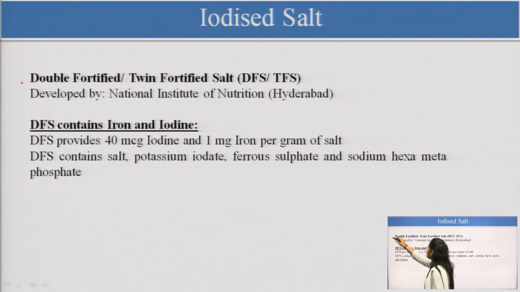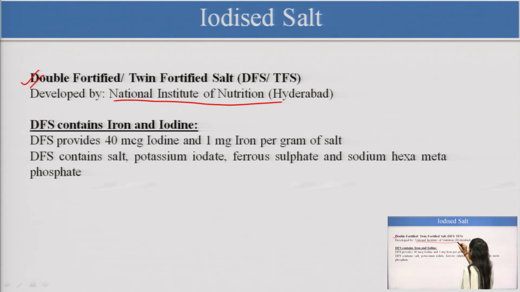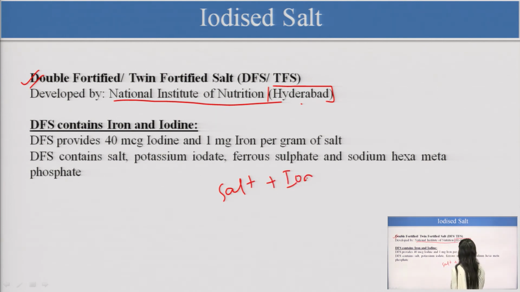Now, double fortified salt, this formula was given by the National Institute of Nutrition, which is in Hyderabad. In double fortified salt, sodium chloride is there, and then we have added iodine and also iron.